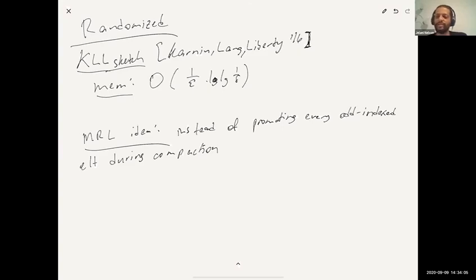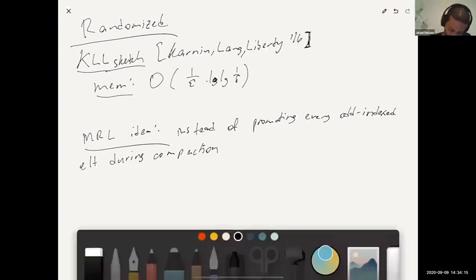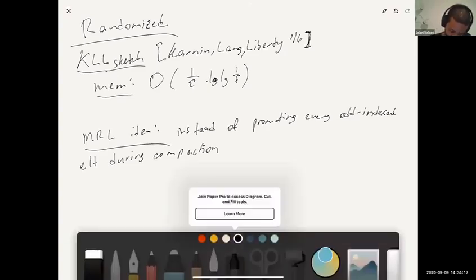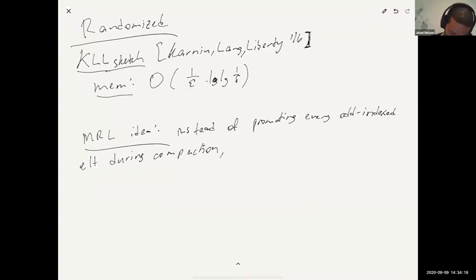Whenever they do a compaction, they sort, and then they randomly, uniformly at random, either promote the odd indexed elements in the sort or the even indexed elements in the sort. Randomly promote either the odd or even indexed elements.